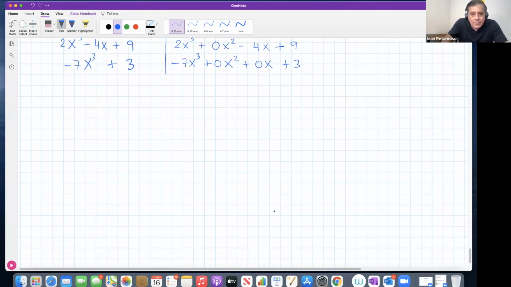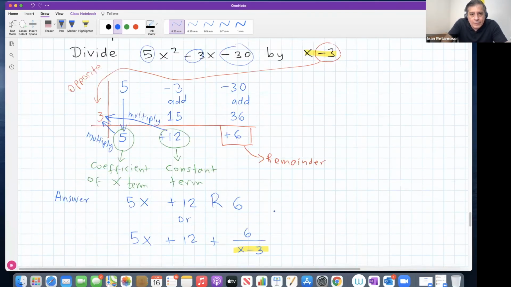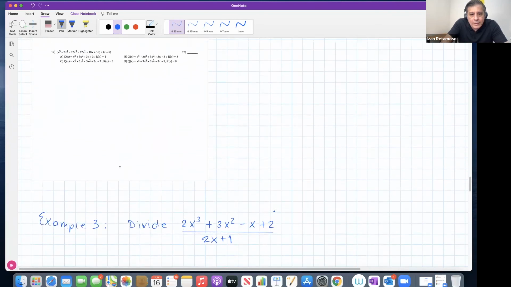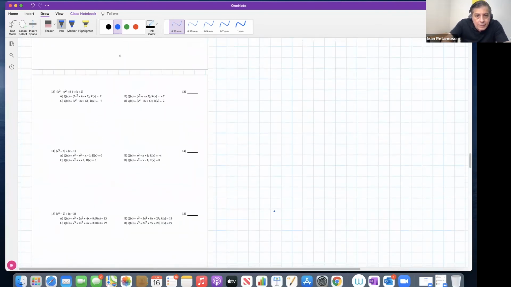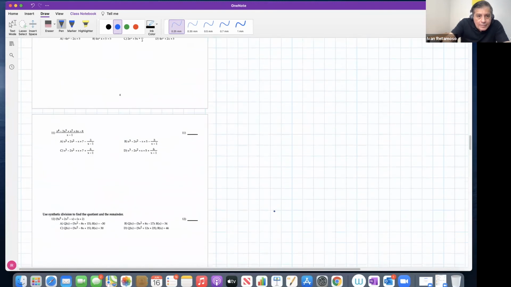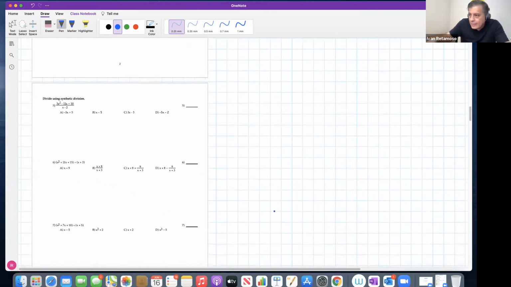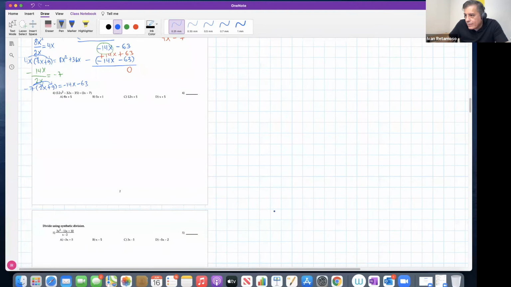All right, so let's go over some examples then, so we can move on. This one we will probably do later if we have time. So let's see, you're going to try the following with synthetic division now. Let's start with this one first, number 10.